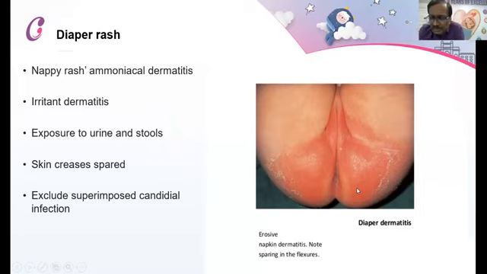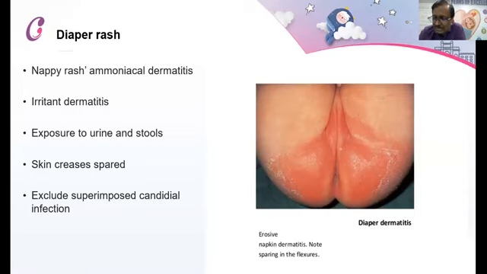And diaper dermatitis. Somebody was telling me that there was no diaper dermatitis before the invention of the diaper. Now everybody is wearing diapers, so we are seeing diaper dermatitis in almost most babies, if they are not changing the diapers frequently. Now, the main differentiating point is it spares the labial folds and thigh folds, because there is no collection of water or moisture there, so it's spared.